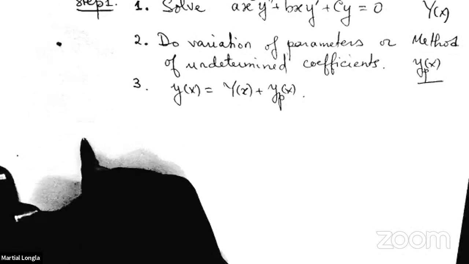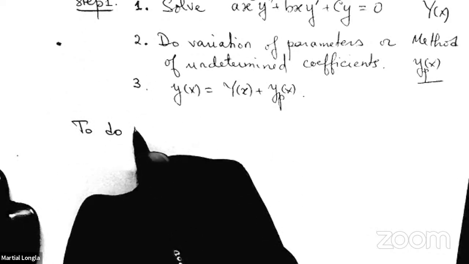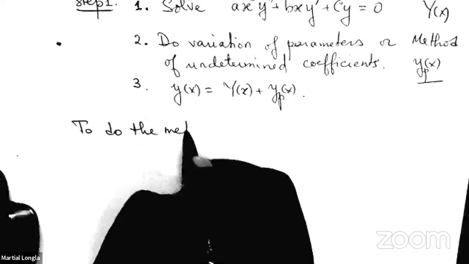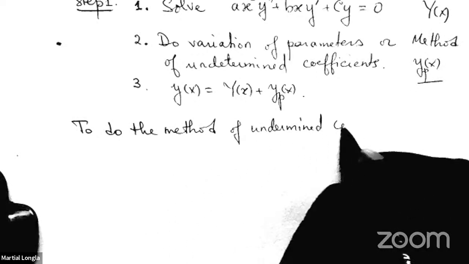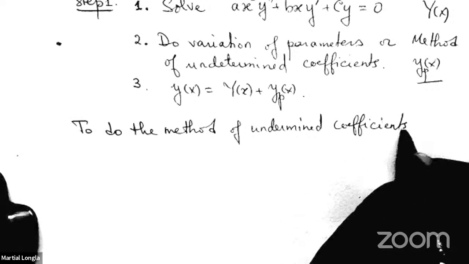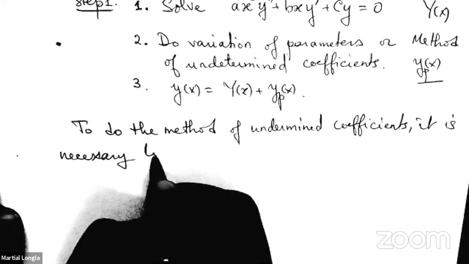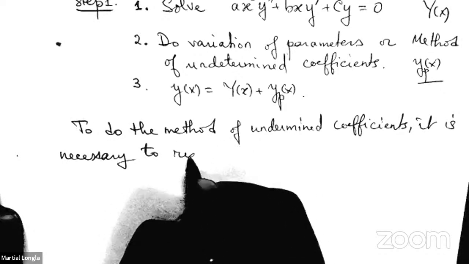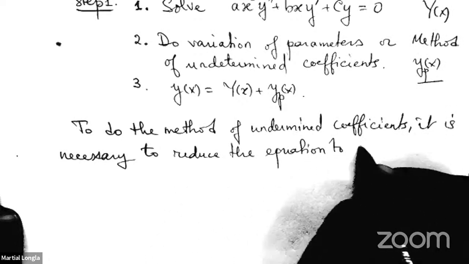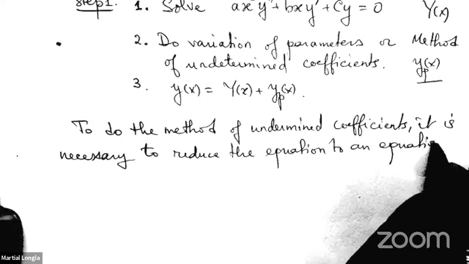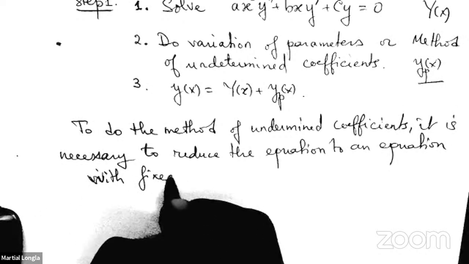So to do the method of undetermined coefficients, it is necessary to reduce the equation to an equation with fixed coefficients.